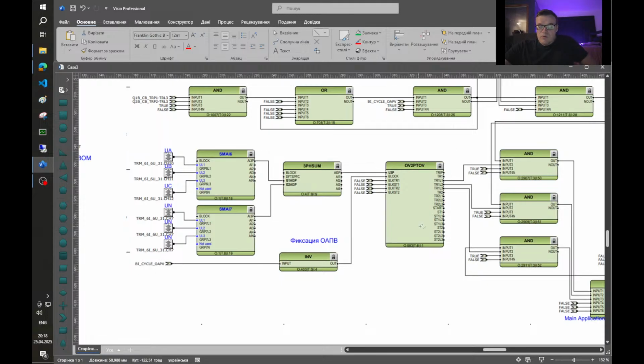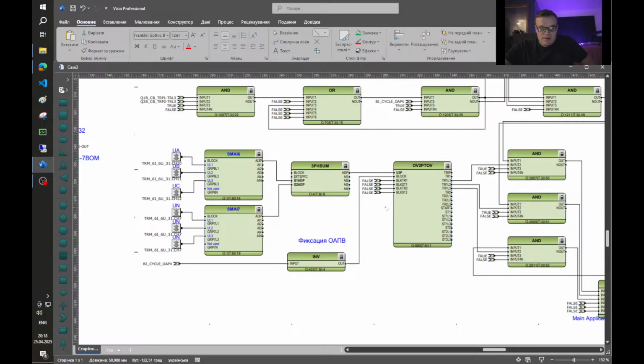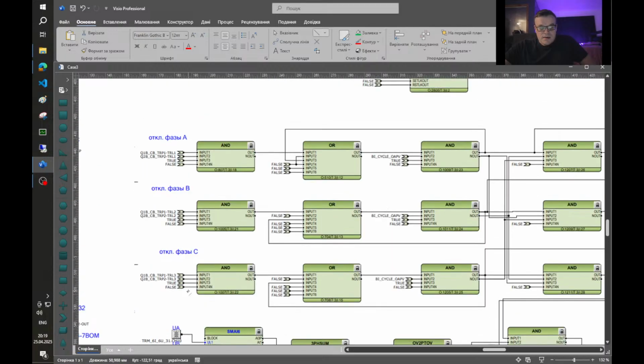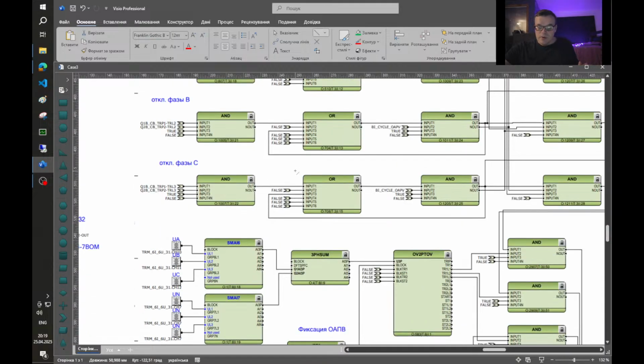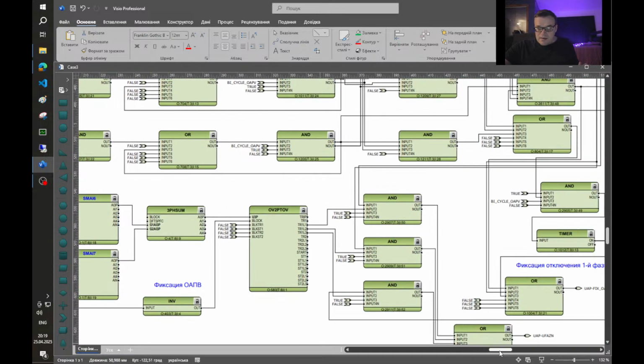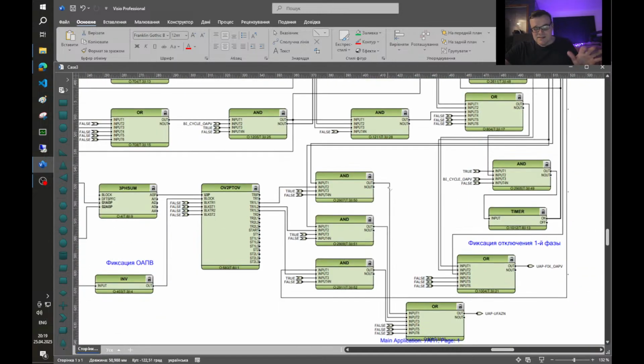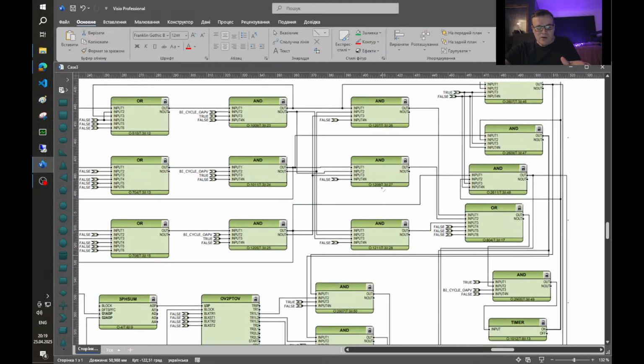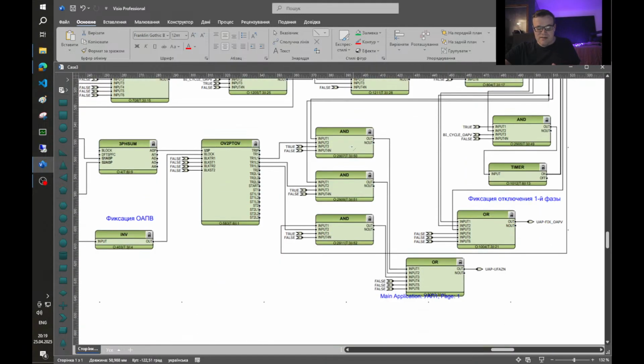So this overvoltage protection is active only during the single phase AR cycle. Here we have signals about which phase is open. I believe all of that can be done much easier, but anyway, it is what it is. These signals are used for tripping phase.